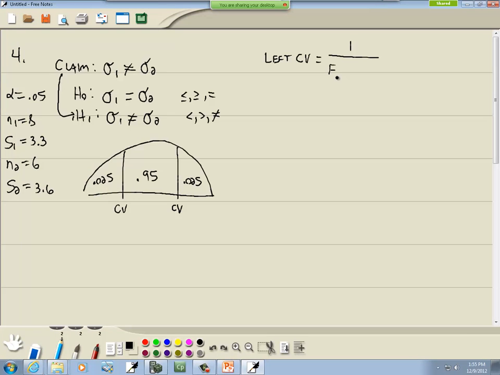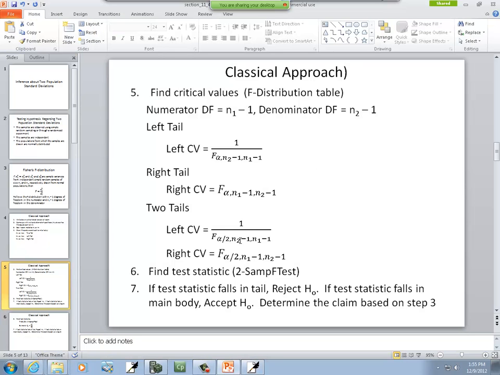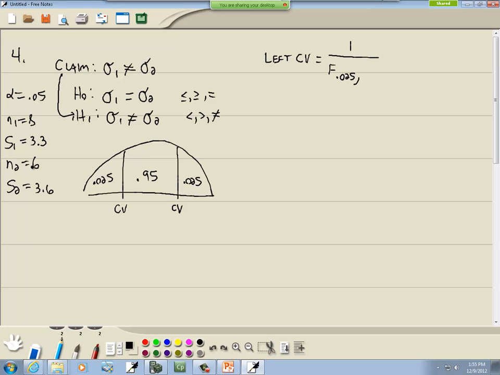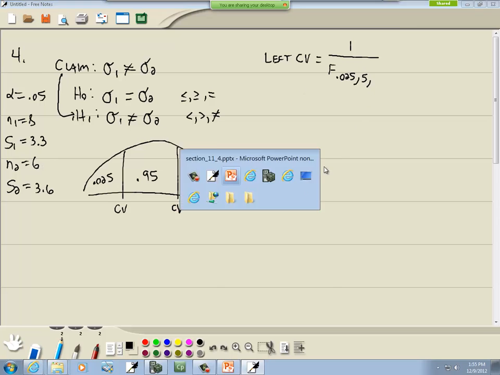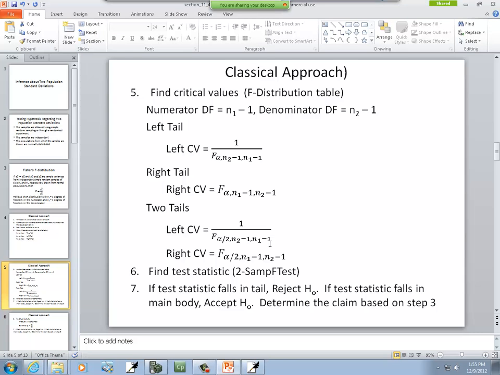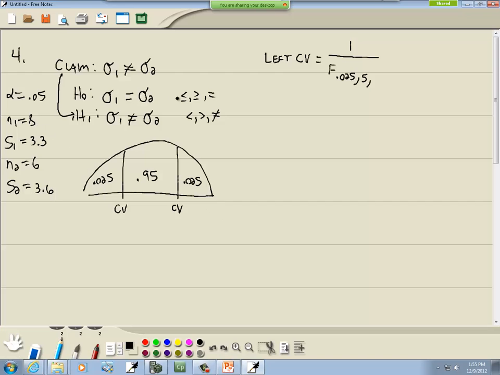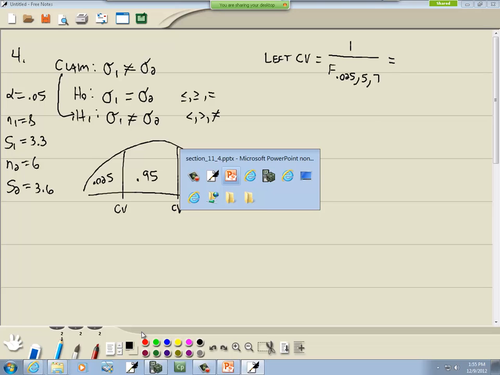So 0.025, comma, and then N2 minus 1. Well, N2 was 6, so 6 minus 1 is 5. And then N1 minus 1. Well, N1 is 8, so subtract 1 from that, and that gives you 7. So let's go see what that is.